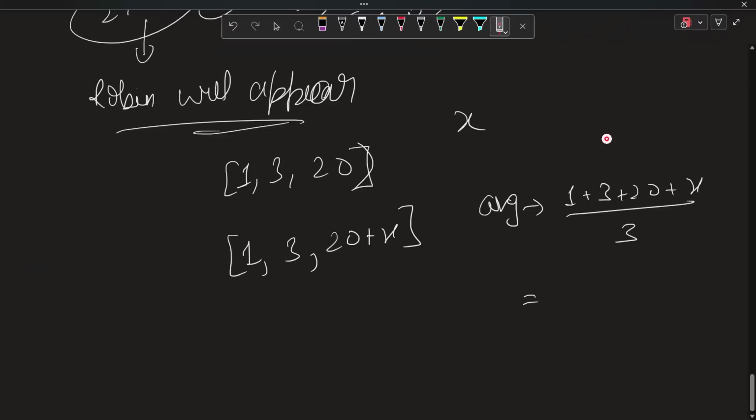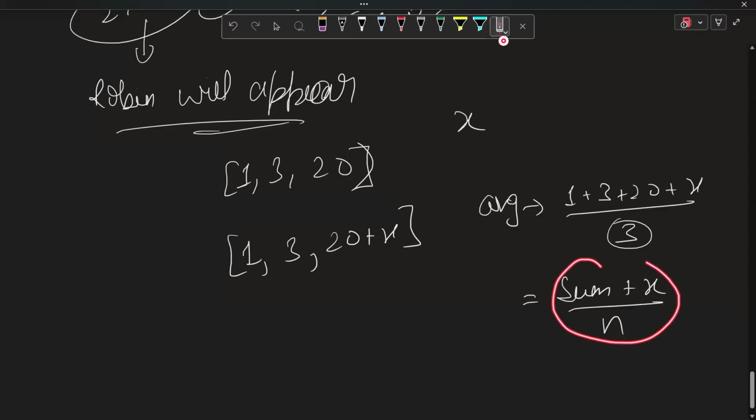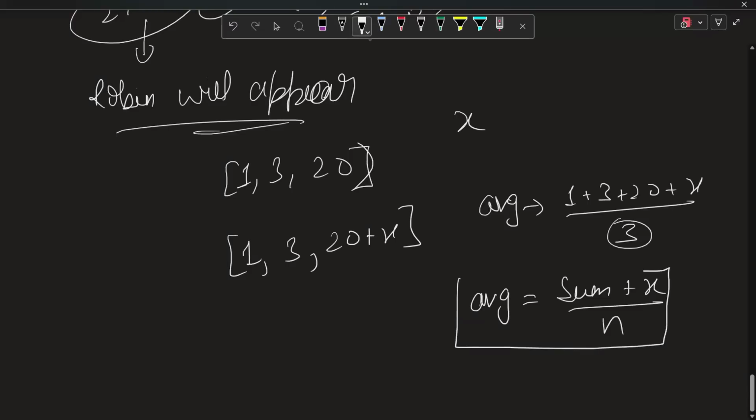Basically, this is the sum of my initial array plus x, divided by n, which was 3. So in a general case, for any array, my average would be sum plus x by n.